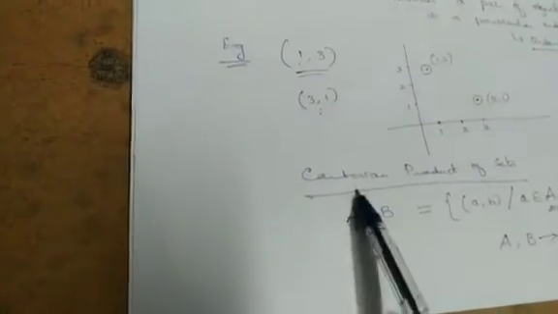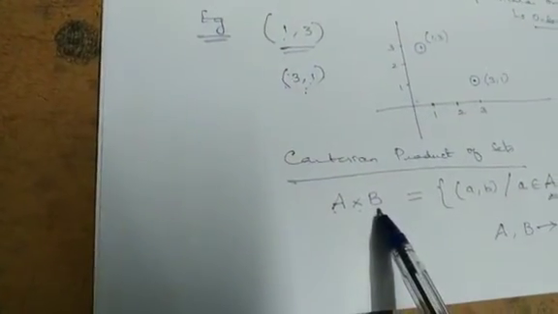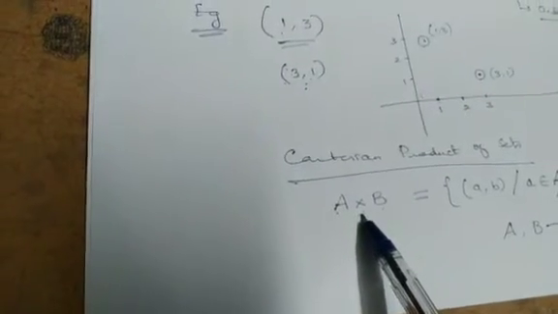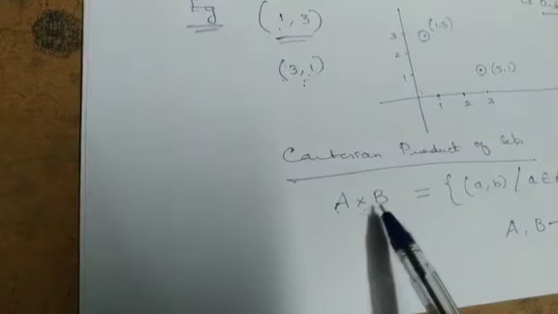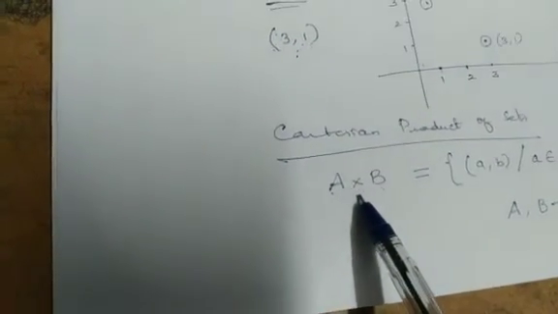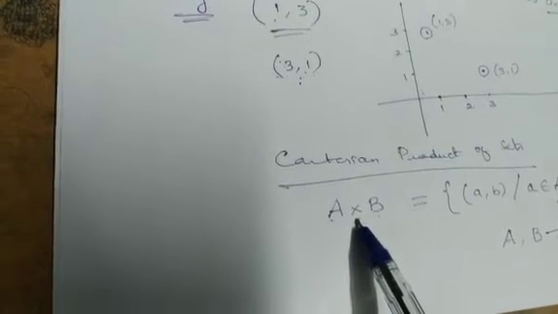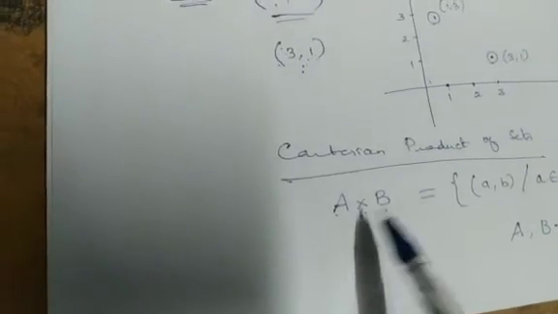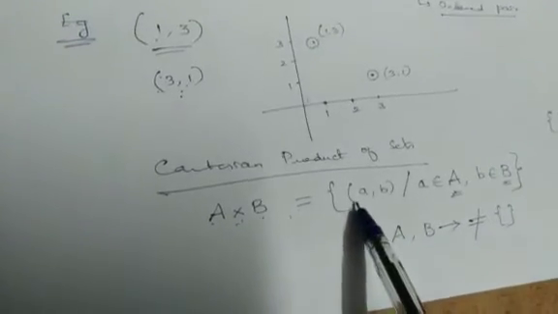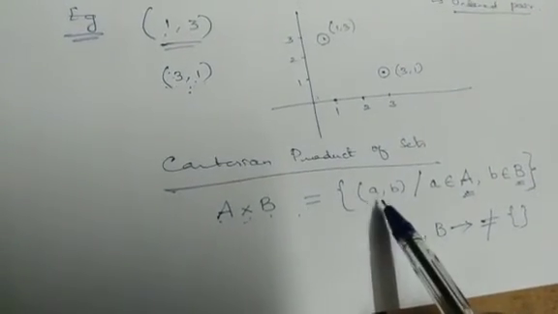Then, the Cartesian product of these two sets is represented by the cross symbol. A cross B. You should read it like this, A cross B. This cross doesn't represent the multiplication symbol here. A cross B equals (a, b).